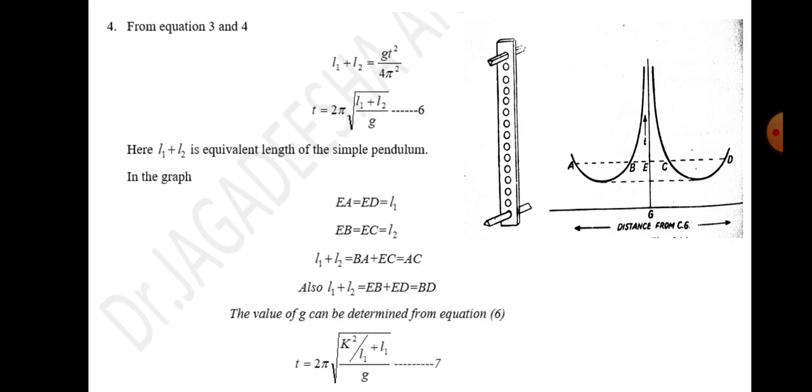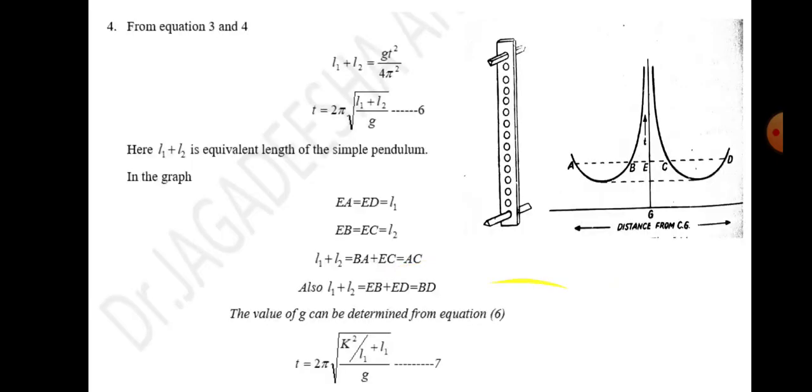Now substitute the values in the time period: T is equal to 2 pi into square root of k square by L1 plus L1 divided by g. Comparing equations 6 and 7, 2 pi and T get cancelled, leaving L1 plus L2 is equal to k square by L1 plus L1, so k square by L1 is equal to L2.